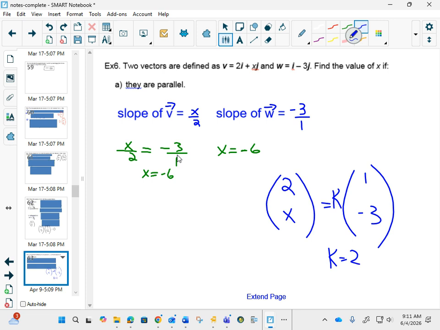And then something, can I put this in the wrong way? Oh yeah, then 2 times -3, then x would have to be -6. Pretty obvious from that as well. So 2 different ways of doing that one.